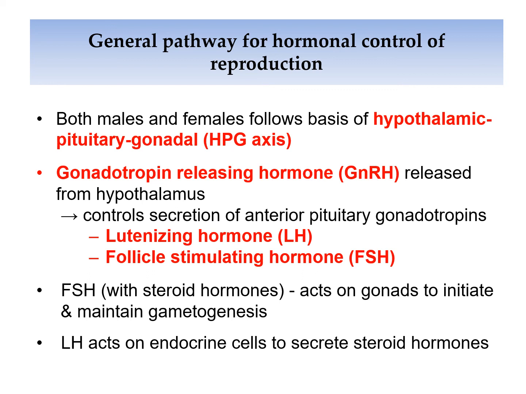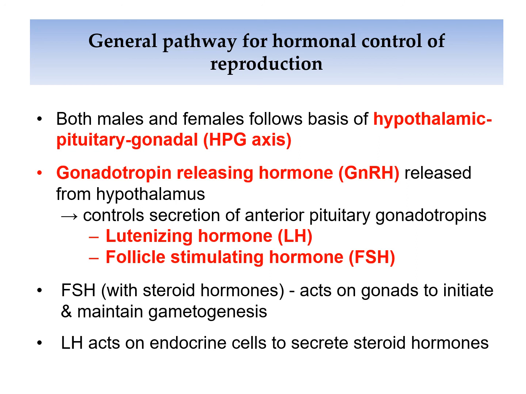And essentially, this will control the secretion of the anterior pituitary gonadotropins, which are the luteinizing hormone, LH, and the follicle stimulating hormone, FSH. These two anterior pituitary hormones will then act on the gonads to initiate and maintain gametogenesis, especially as we will be looking at it in the context of the ovarian and uterine cycle in females.